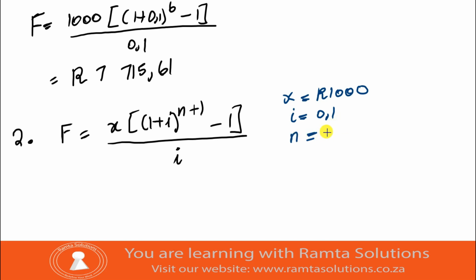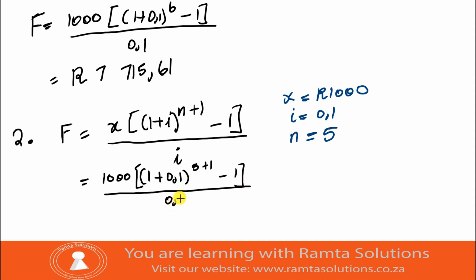How many years is this investment for? It's for 5 years. So it'll simply be 5. Now, check this out. This is 1,000 into (1 plus 0.1) to the 5 plus 1, minus 1, all over 0.1.